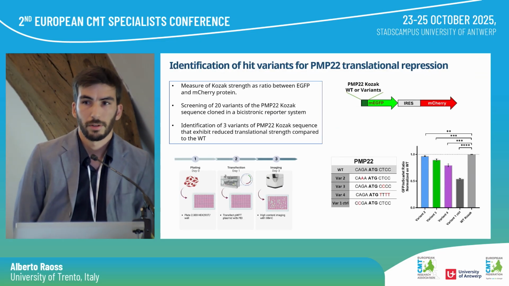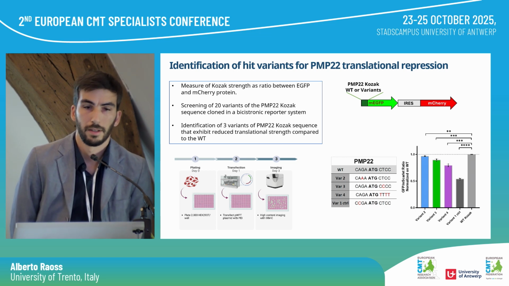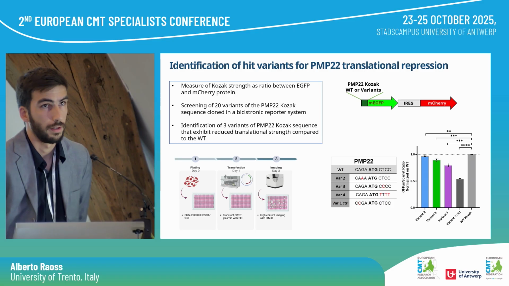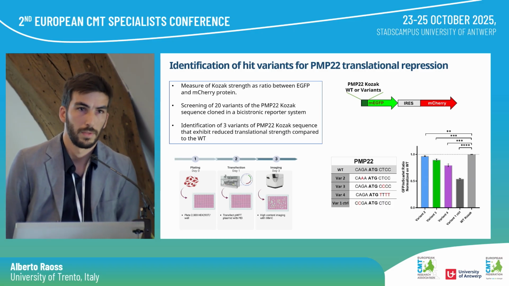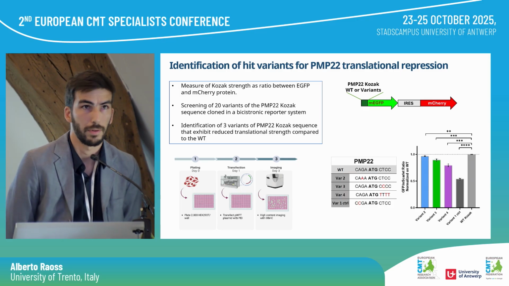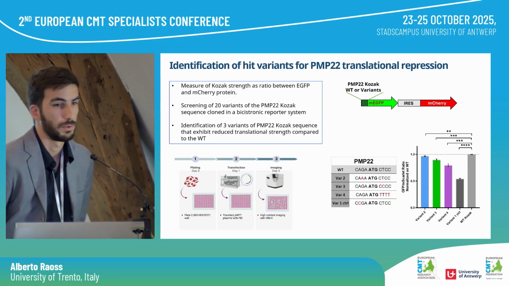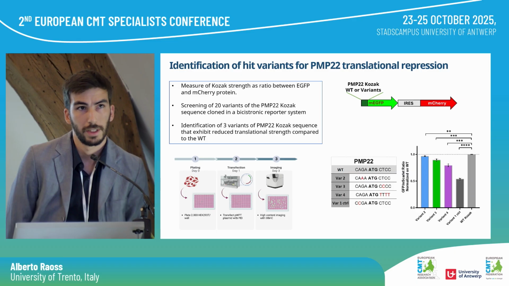So how do we measure the translation? We employ a reporter system that comprises a green fluorescent protein that is under the control of the PMP22 Kozak, either wild type or variants. And we also use a red fluorescent protein that basically acts as a normalizer for the signal.